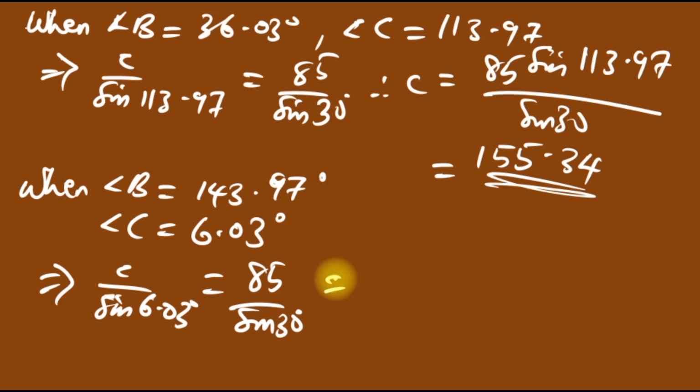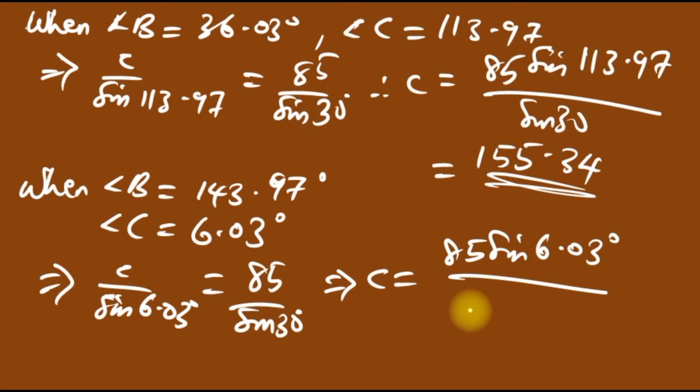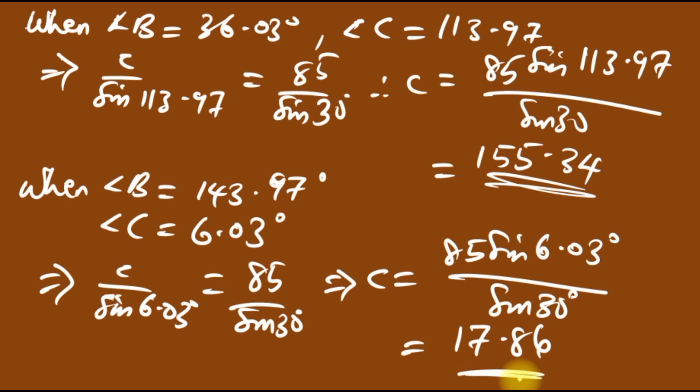Therefore c is 85 sine 6.03 degrees over sine 30, which is equal to 17.86. So these are the two triangles formed. So before you solve, check whether we have two triangles or one triangle before we solve. Thank you.